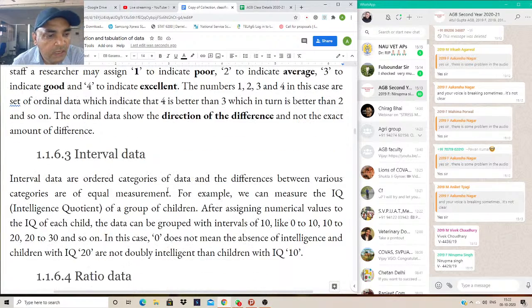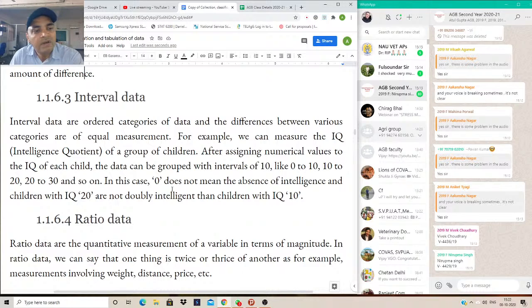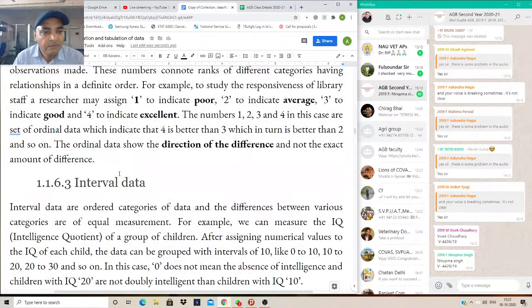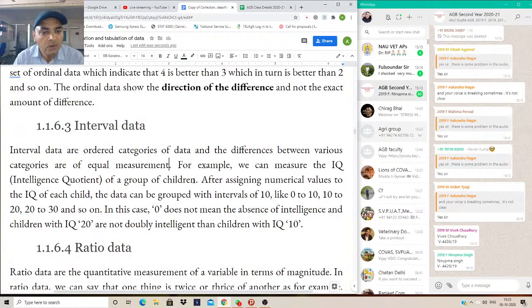Then comes your interval data. So what is the interval data? Interval data are ordered categories of data, and the differences between various categories are equal measurements. That is, if we order the data and the differences have equal measurements, unlike 1 and 2 being poor and 2 and 3 being average, which does not indicate that they have equal differences. Okay, so in this interval data, for example, we can measure the IQ of a group of children.